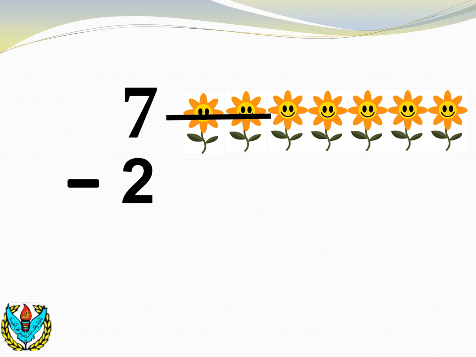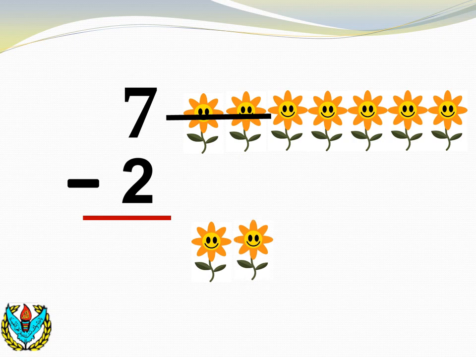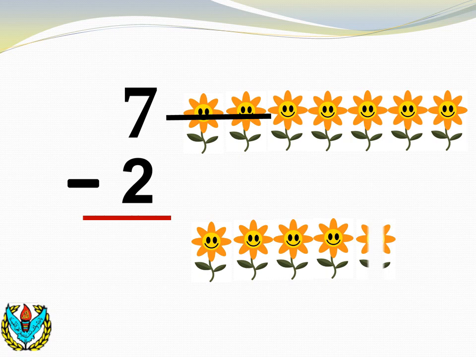Cut 2 flowers. How many are left? 1, 2, 3, 4 and 5. The answer is 5. 7 minus 2, answer is 5.